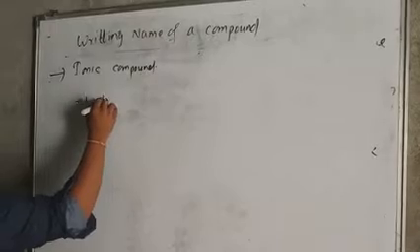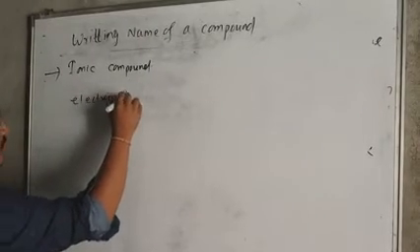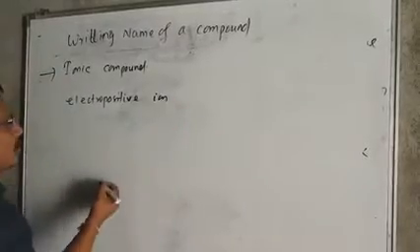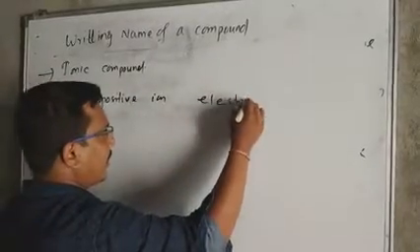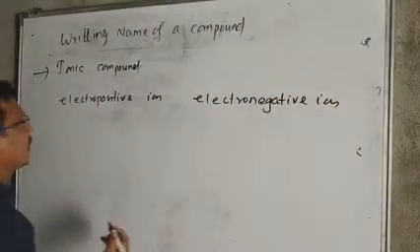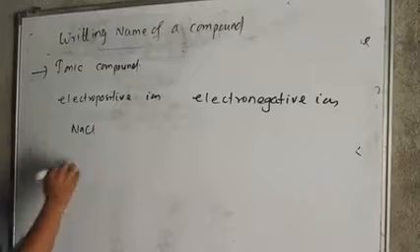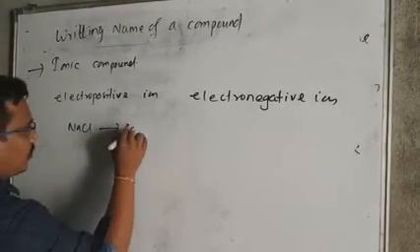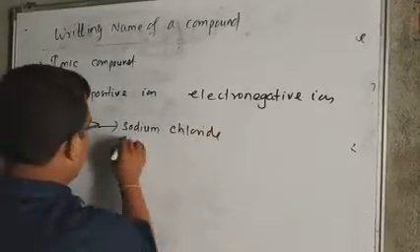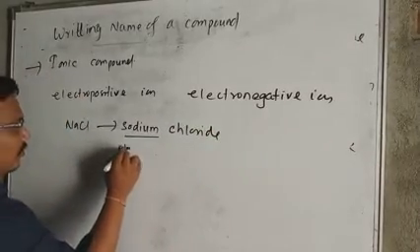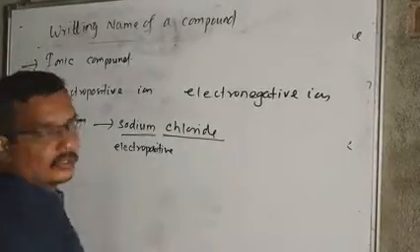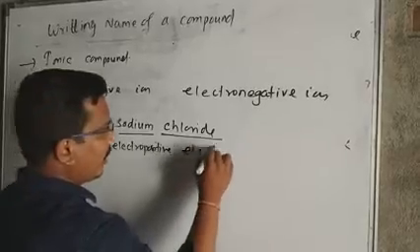One is the electropositive part, which is said to be the electropositive ion. Another is the electronegative ion. Suppose we take the ionic compound NaCl. The name of NaCl is sodium chloride. Here sodium is the electropositive ion and chloride is the electronegative ion.